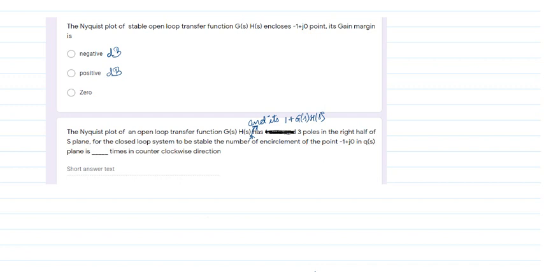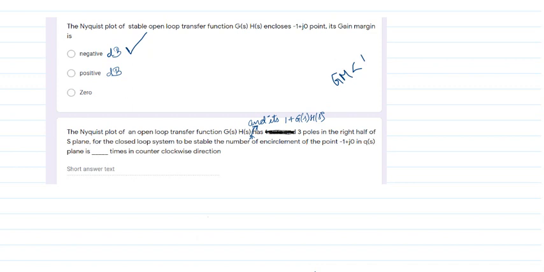That means the closed loop system is unstable. So the gain margin is less than 1, or in decibel scale, I can say 20 log of less than 1 is negative dB.